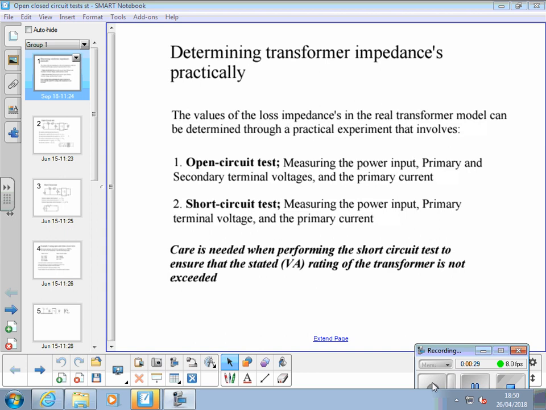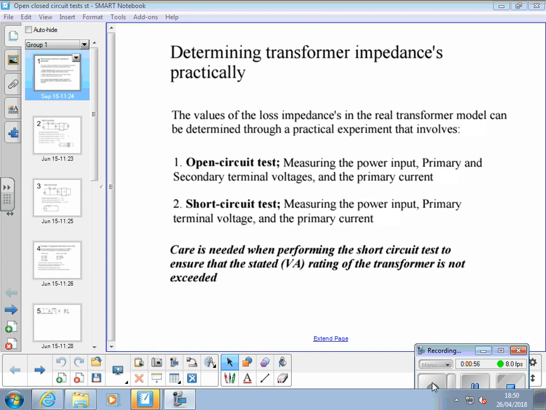We take those readings and then we do a short circuit test, measuring the power input, the primary terminal voltage and the primary current. A note there: care is needed when performing the short circuit test to short circuit on the secondary, to make sure you don't go over the rated VA of the transformer.